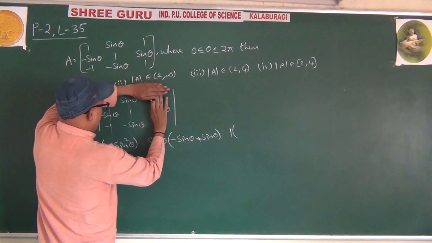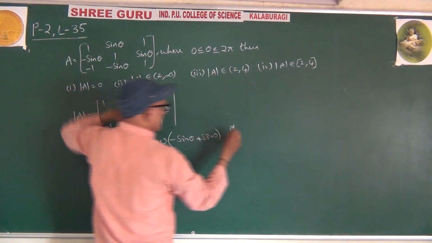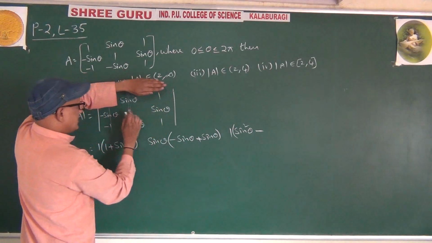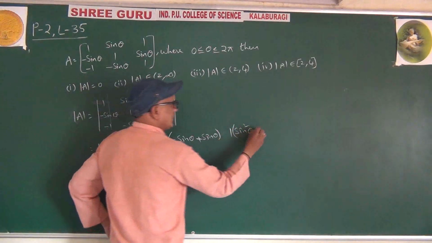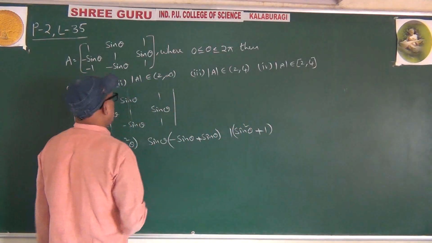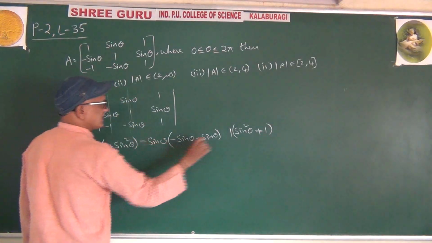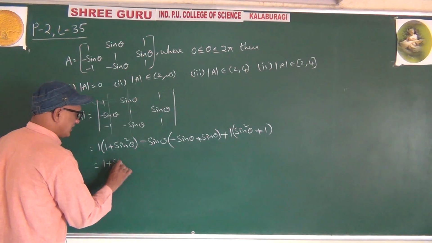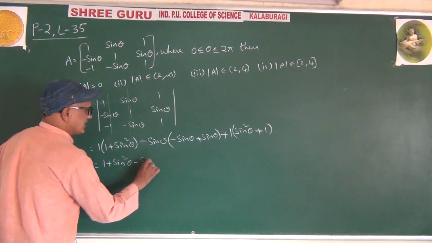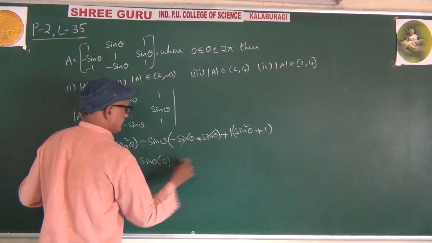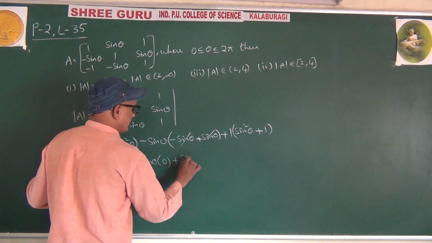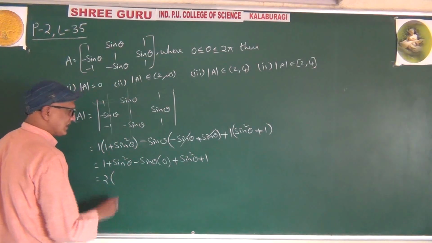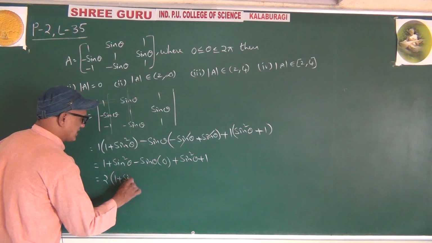First row last column: minus sin theta into minus sin theta, sin square theta, immediately minus 1 into minus 1, it becomes plus 1. Change the sign for this: 1 plus sin square theta, minus sin theta into 0, plus sin square theta, plus 1 plus sin square theta, plus 1 plus sin square theta, 2 times 1 plus sin square theta.